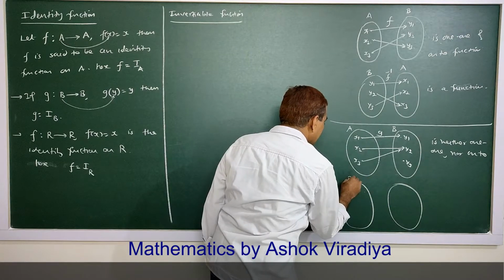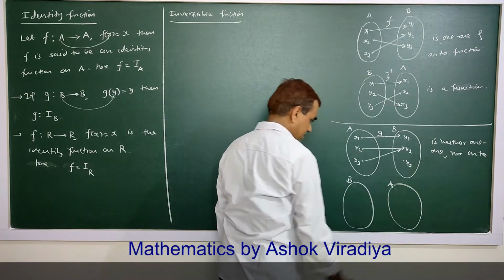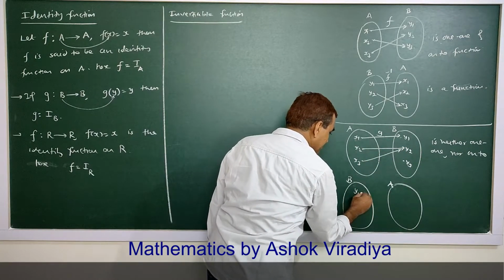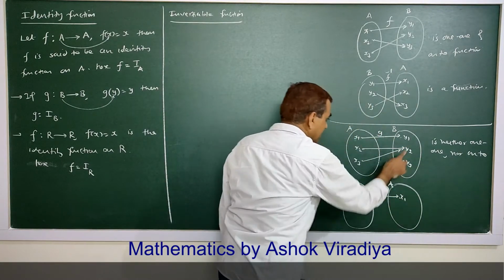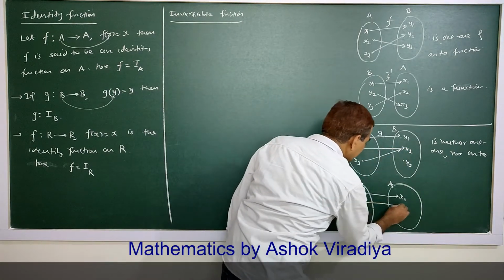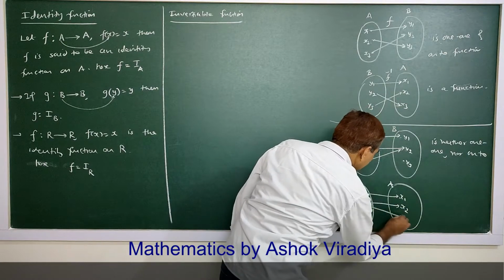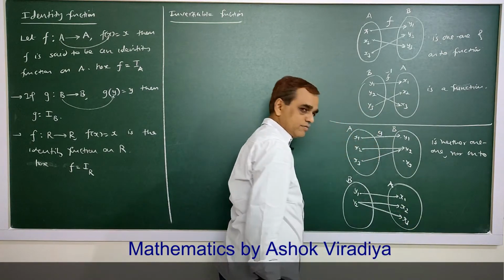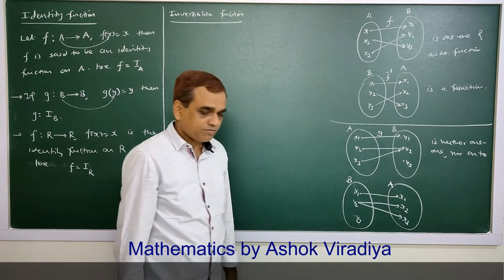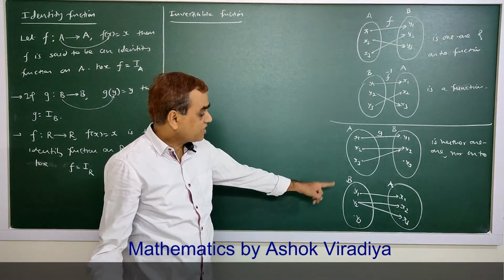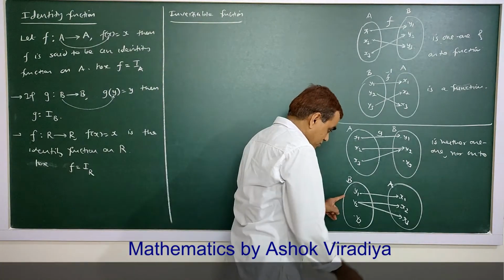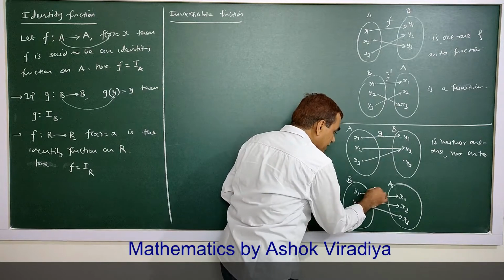This is set B, this is set A. y1 is associated with x1, y2 is associated with x2 as well as x3, and y3 is not associated with anyone. So this relation is the inverse of g, it is g inverse.